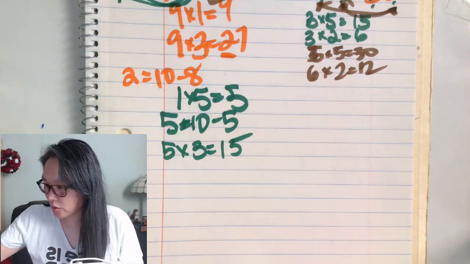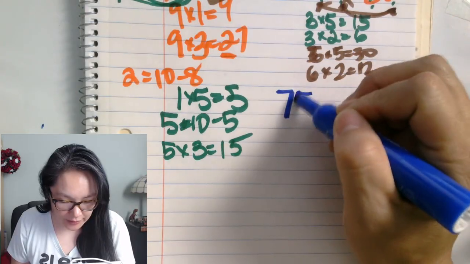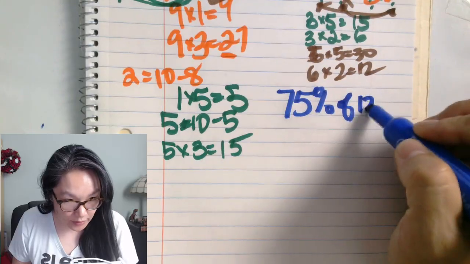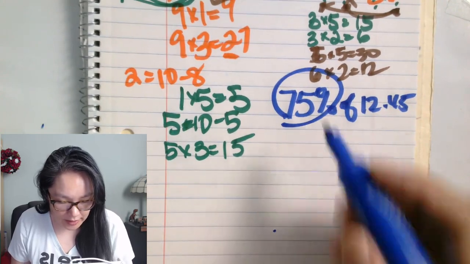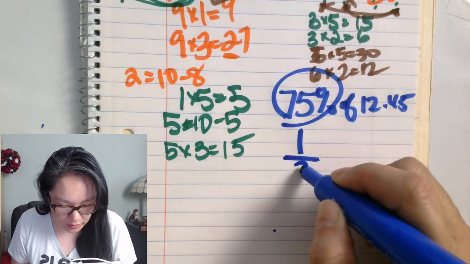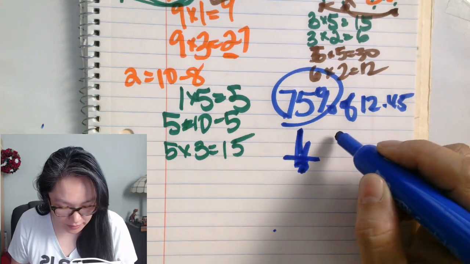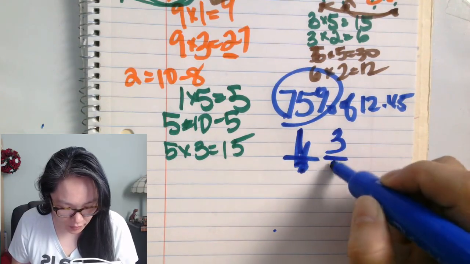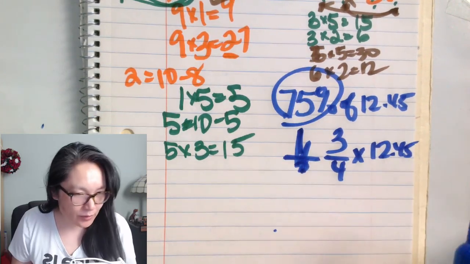So this is our question. We got to finagle it, right? 75% of 1245. We need to change this to 3/4. Times that by 1245. Is that what we're doing?